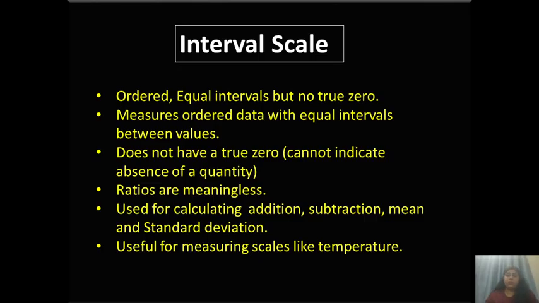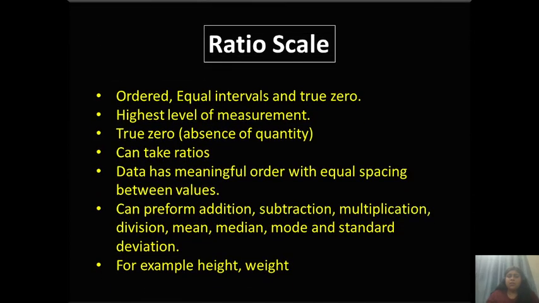The only operations we can perform on interval scale are addition, subtraction, and finding the mean and standard deviation. Last and the highest level of measurement is ratio scale. It is ordered, has equal intervals, and also has a true zero. We can also take ratios in it.